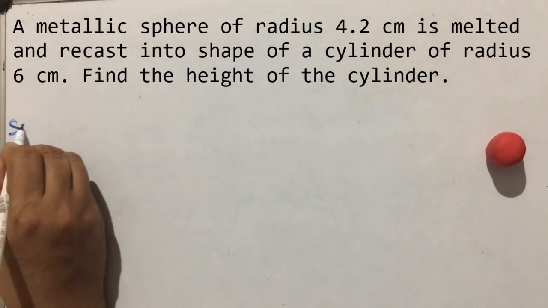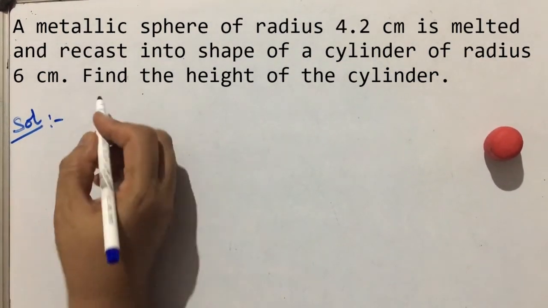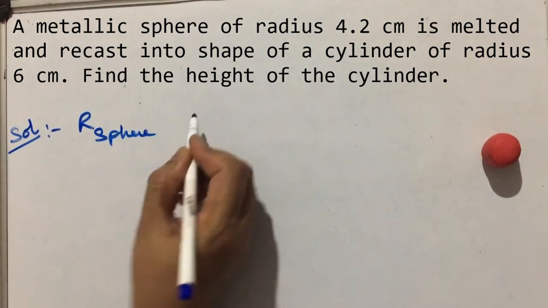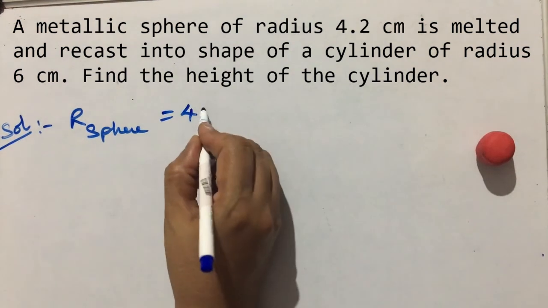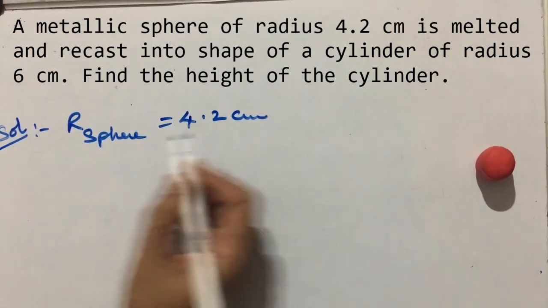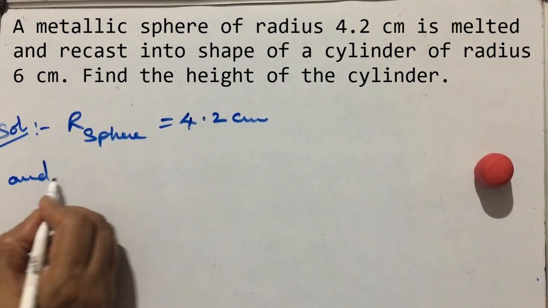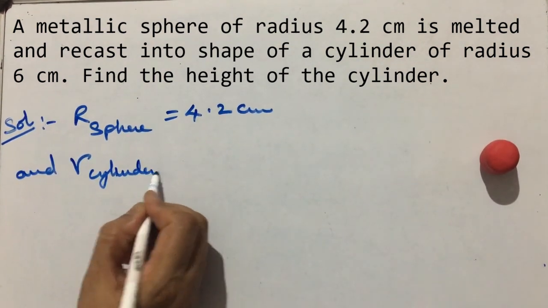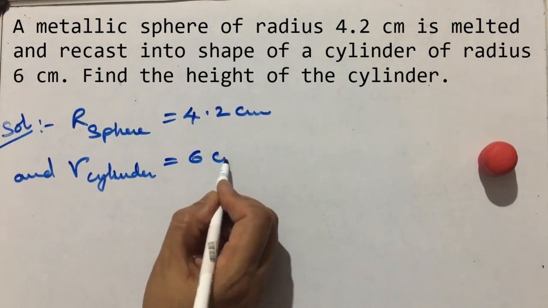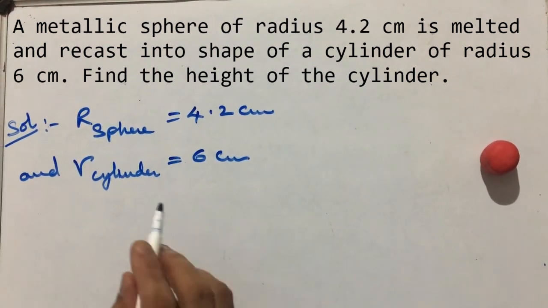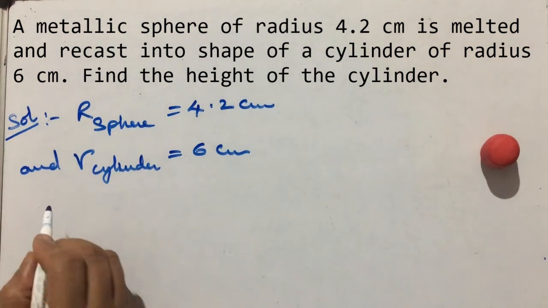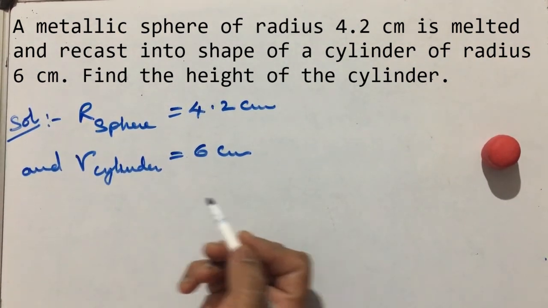According to the problem, radius of the sphere is 4.2 centimeters and radius of cylinder is 6 centimeters. We have to find out the height of the cylinder. So here we converted sphere into cylinder, right?